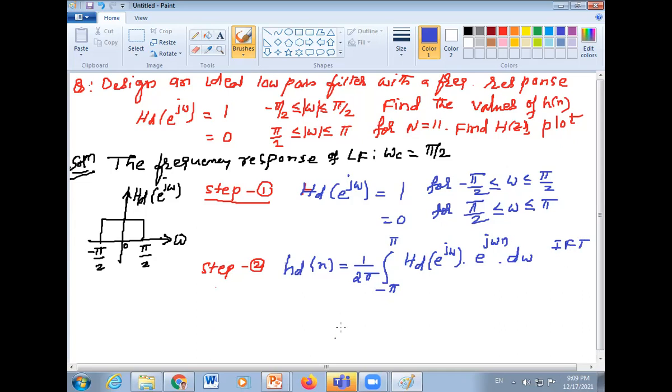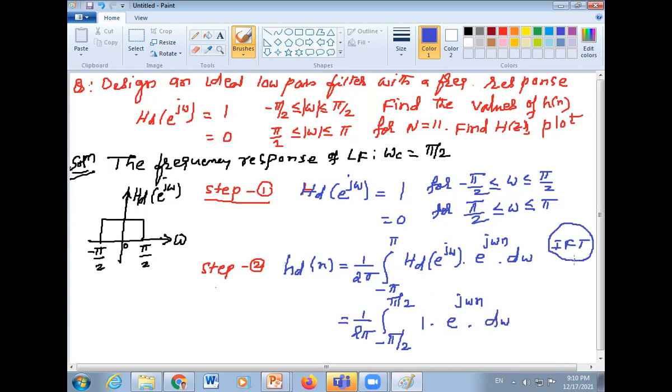So we can write this equation as 1 by 2 pi, integral minus pi by 2 to plus pi by 2, the value of this is 1, into e power j omega n into d omega.